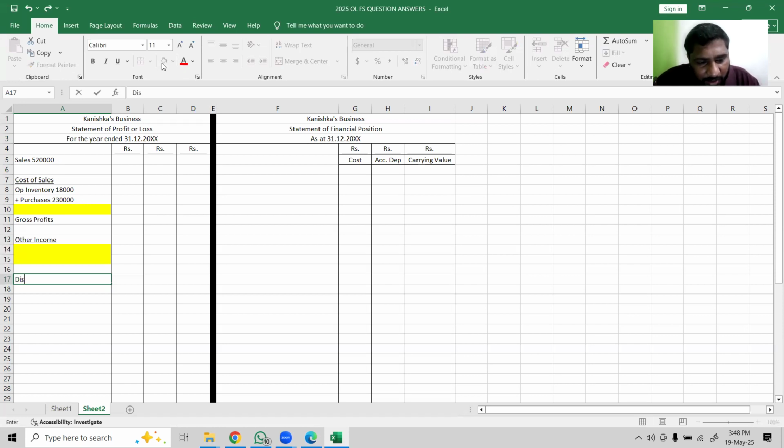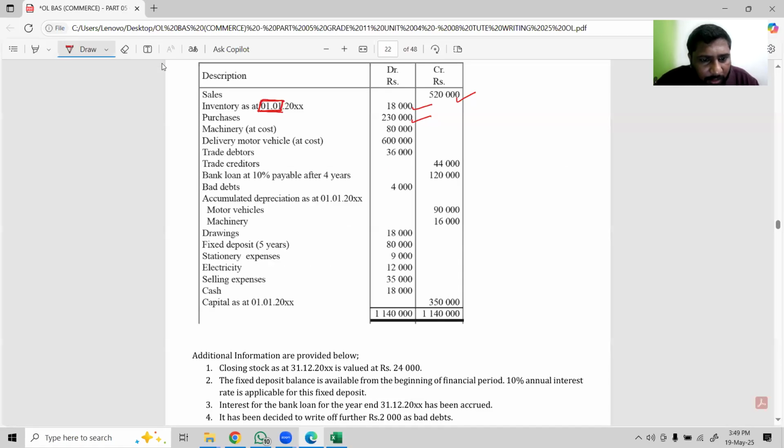Then we have the distribution expenses. So what are the distribution expenses that we have in this question? We have a bad debt.